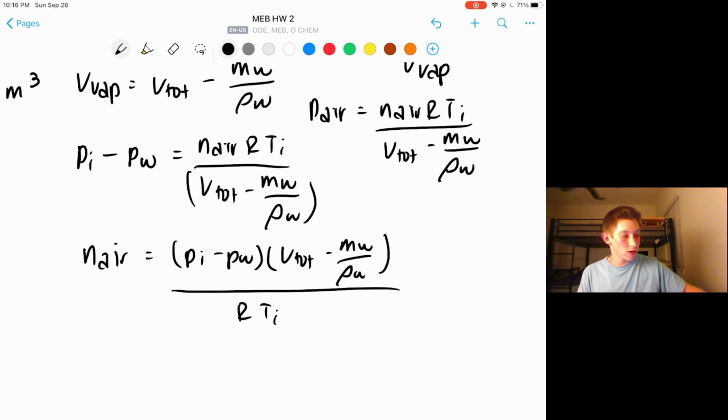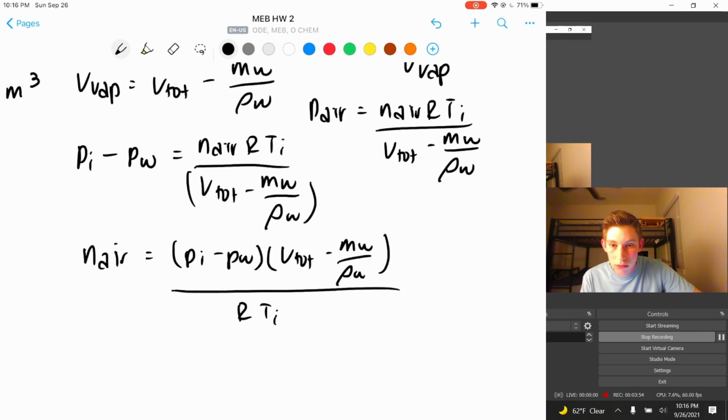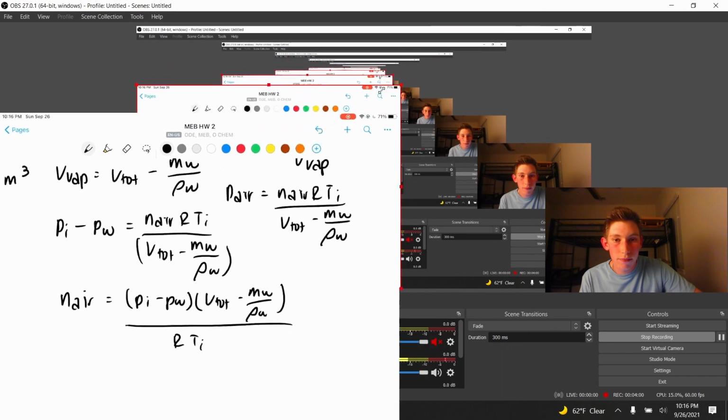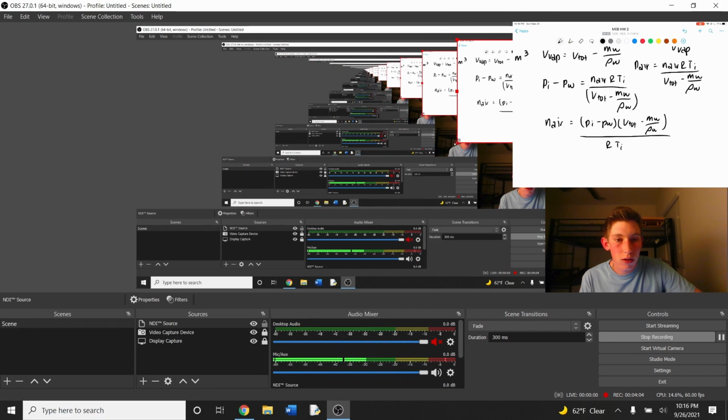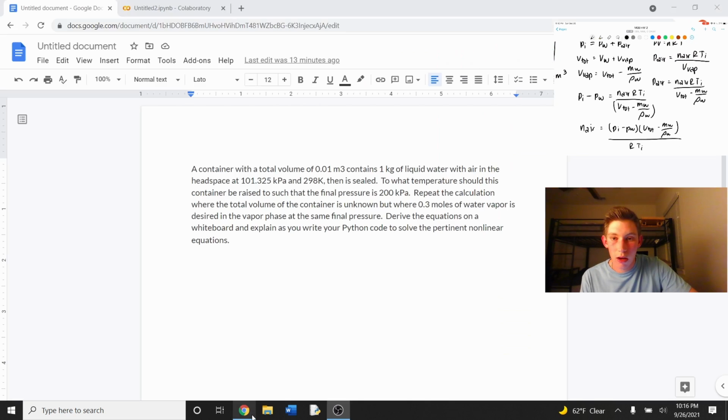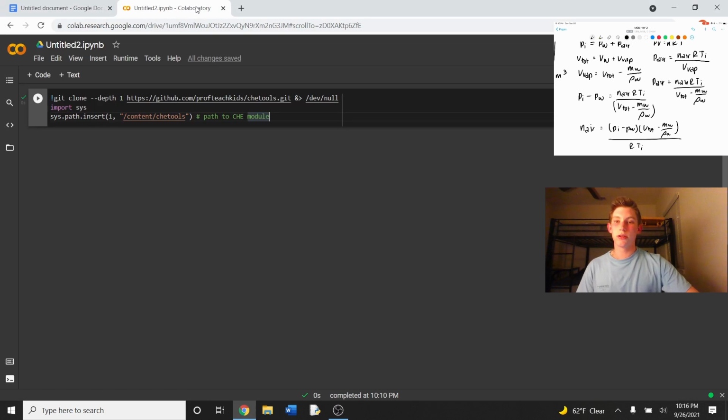So we can start setting up some equations in Python. So I will make this a little smaller and put this up near myself and keep this information here. So we're going to use Colaboratory.